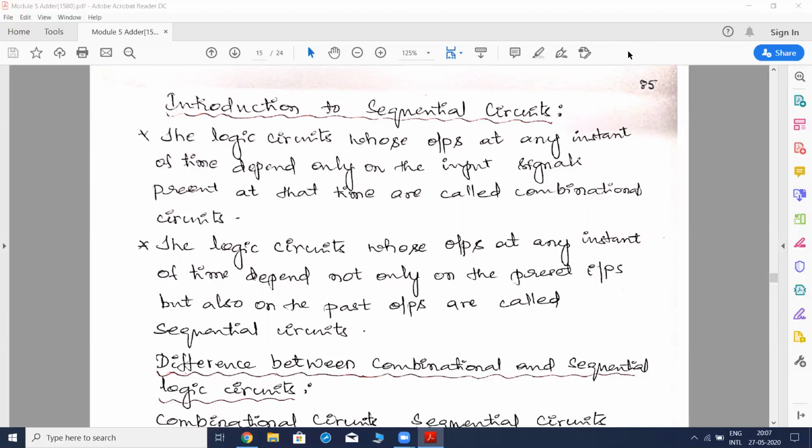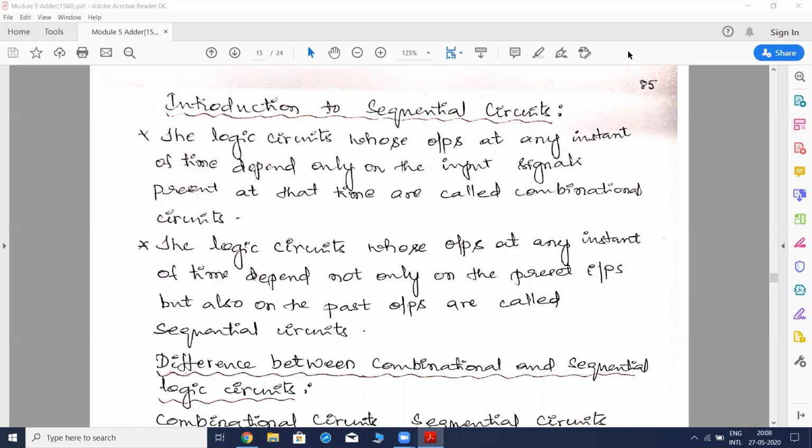That is called a combinational circuit. We have already seen such types of combinational circuits. Adders, multiplexers, and decoders are all examples of combinational circuits.